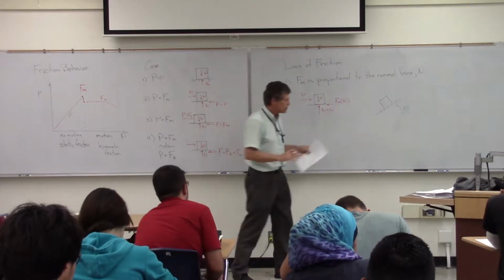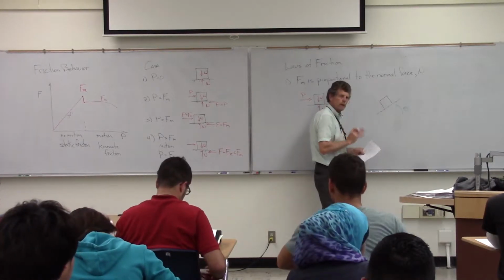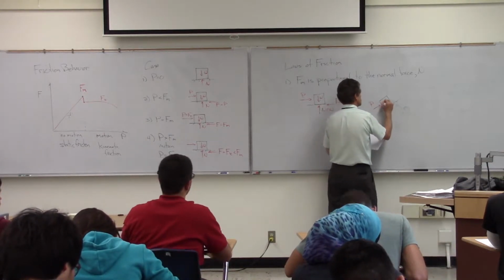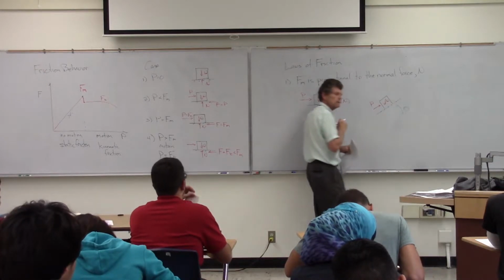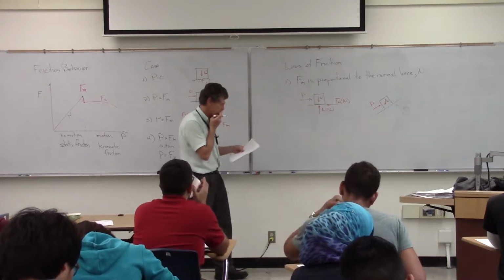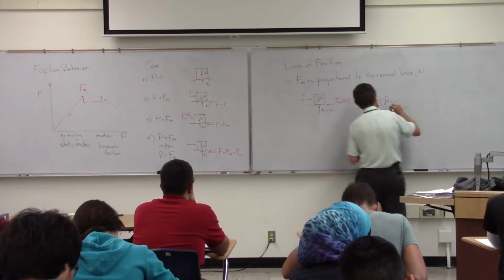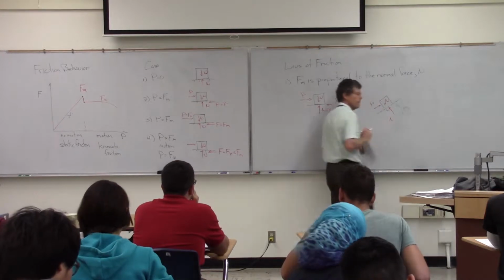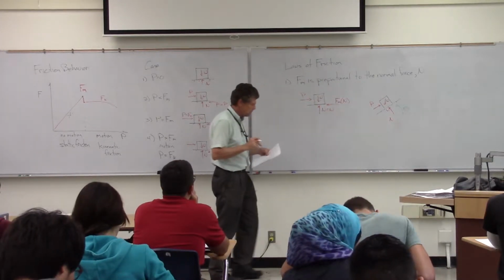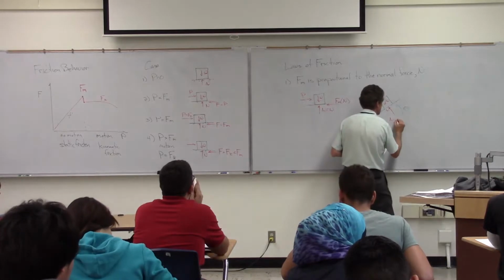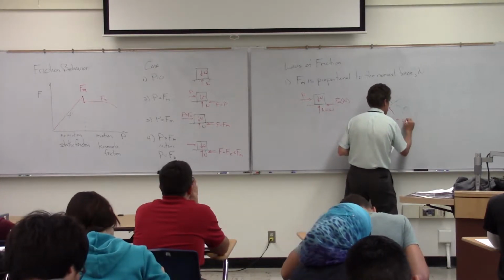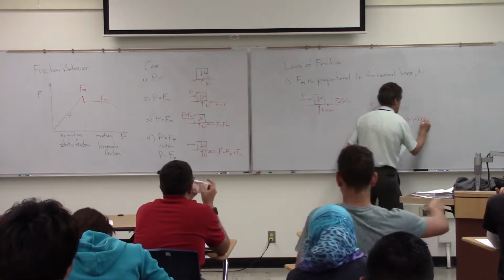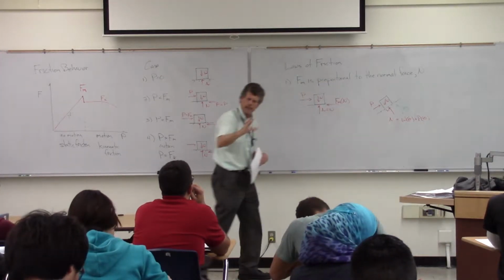Consider our book now being pushed up a plane. Our P will be parallel to that surface, but W is still acting down, and the normal force again has to be perpendicular to that surface. What we find is that the normal force is some combination of those forces. Think again about equilibrium.